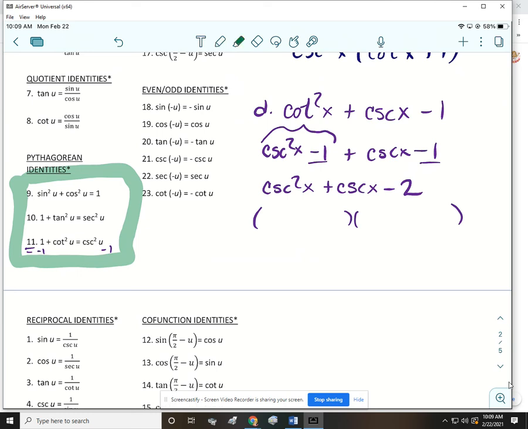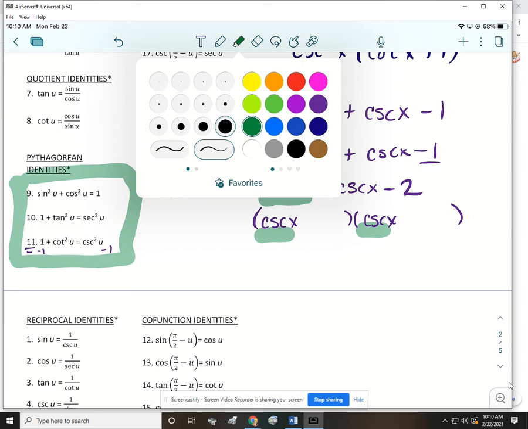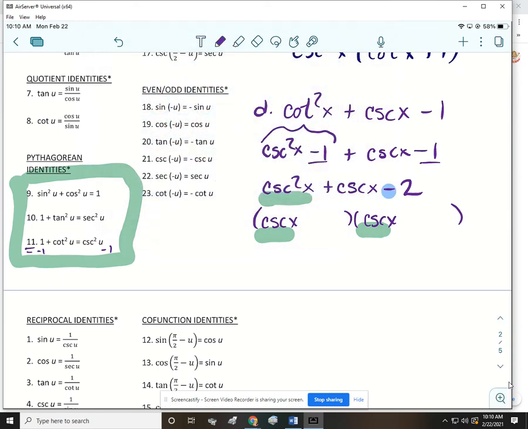So what I put here and here needs to multiply to give me cosecant squared of x. And that is going to be cosecant of x and cosecant of x. Right? And then I know, because of this subtraction sign, that my signs are different in my factors. So one will be a plus and one will be a minus.